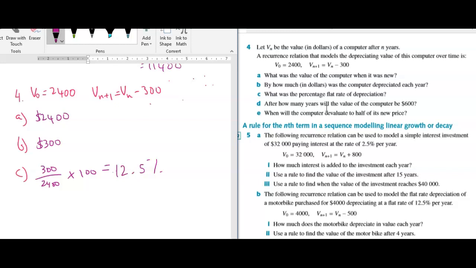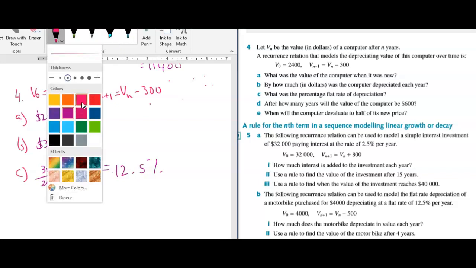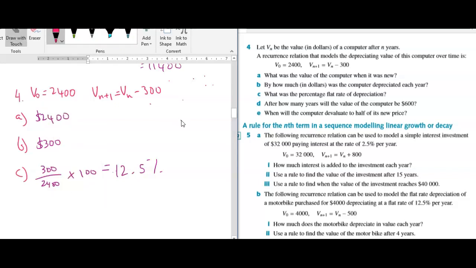Question D, how many years will the value of the computer be $600? You can do that on your calculator, or you can just use the rule. So that's your recurrence relation, but the rule, Vn, is just negative 300 times n.